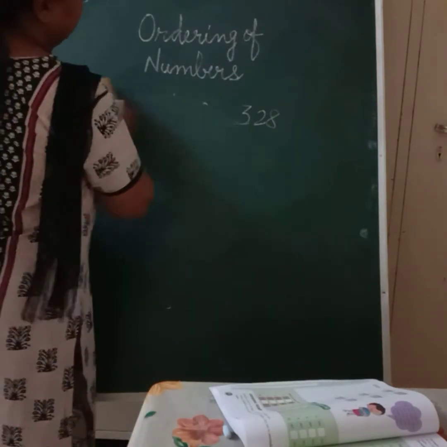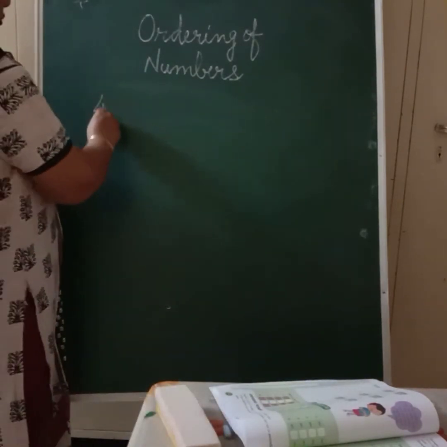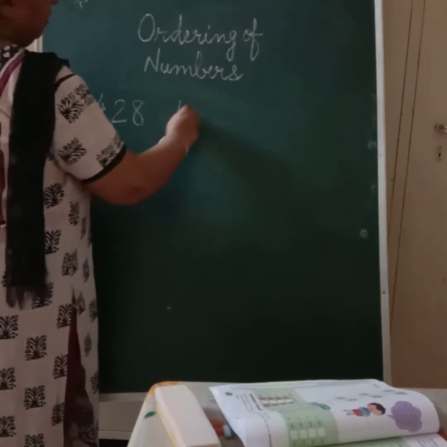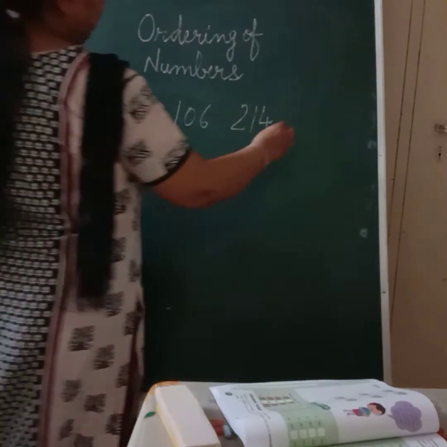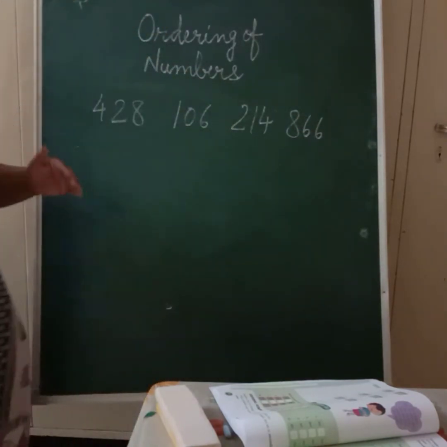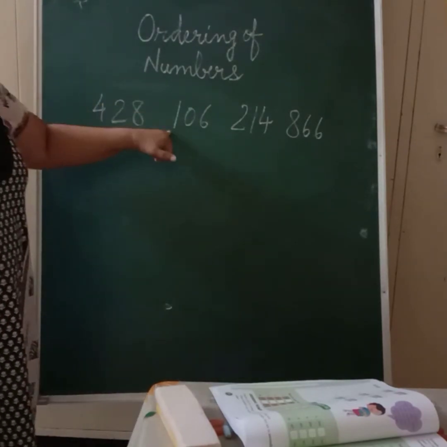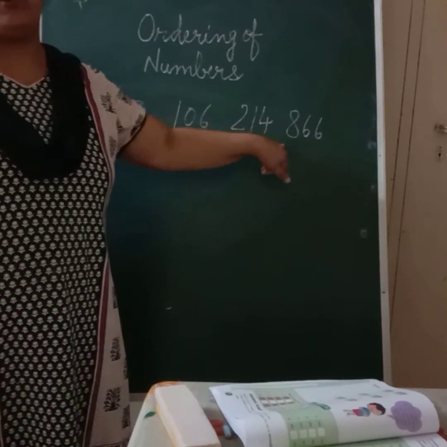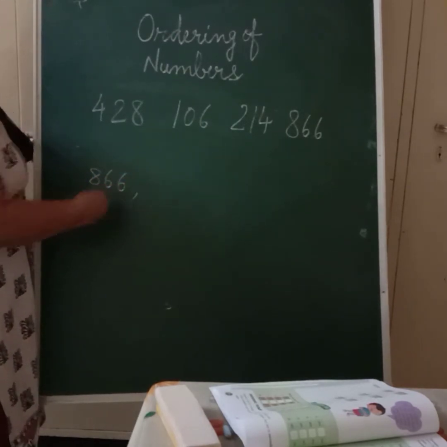Now second is, if the arrangement is descending: 428, 106, 214, then 866. Now descending means आपको सबसे बड़ा पहले लिखना है. So see hundreds: 4, 1, 2, 8. Oh, 800 is सबसे बड़ा. So write 866.